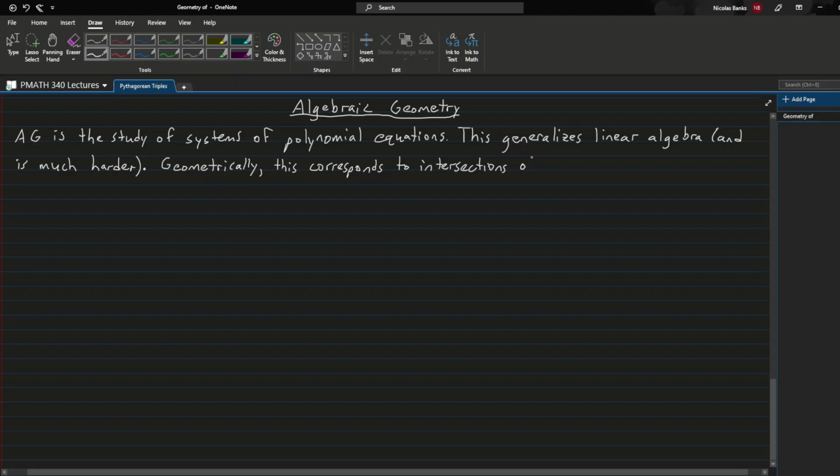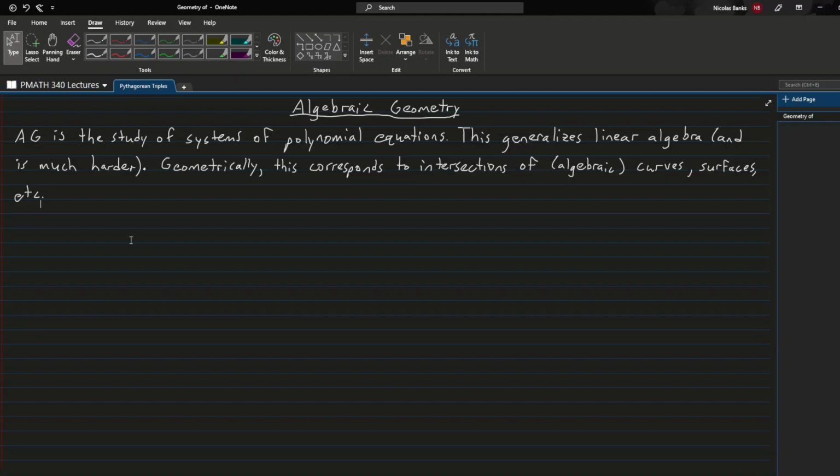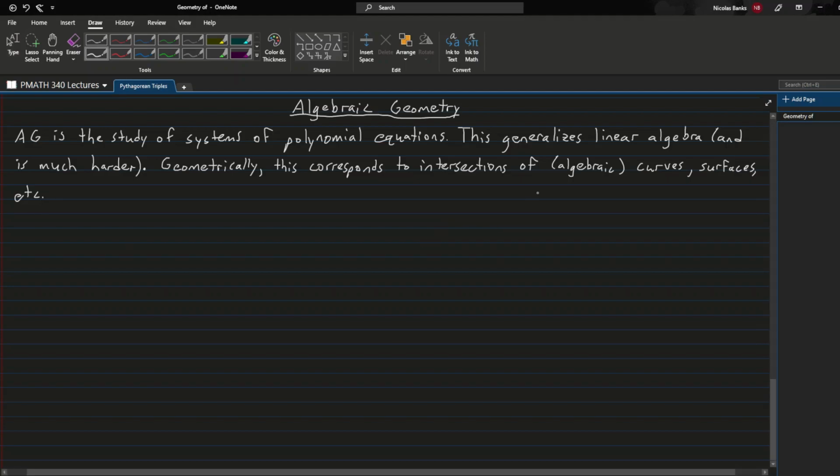So it's intersections of general curves, or what you call algebraic curves, because they're described by algebraic equations or polynomials. So it's the intersection theory of curves, surfaces, etc., higher dimensional shapes. And so that's exactly what we did above. We looked at the intersections of a straight line and a circle. Those are intersections of two curves.